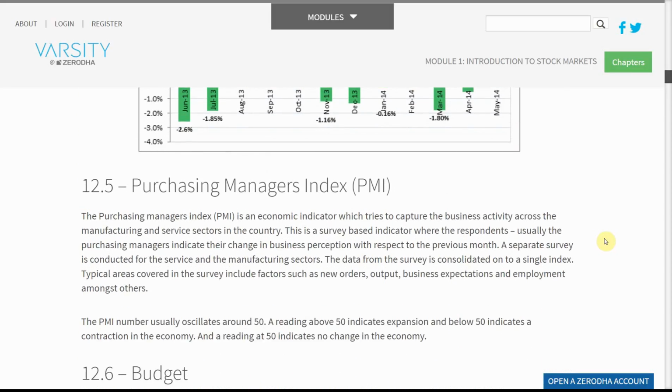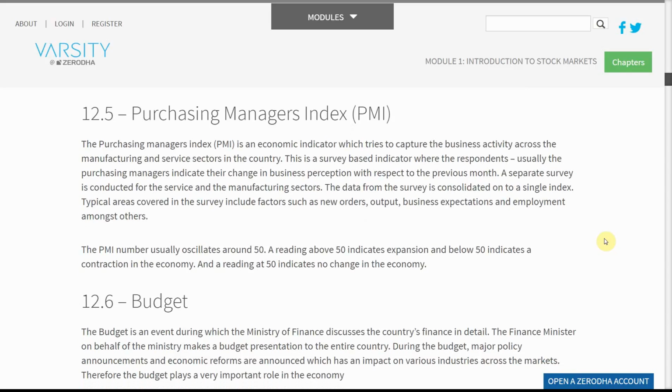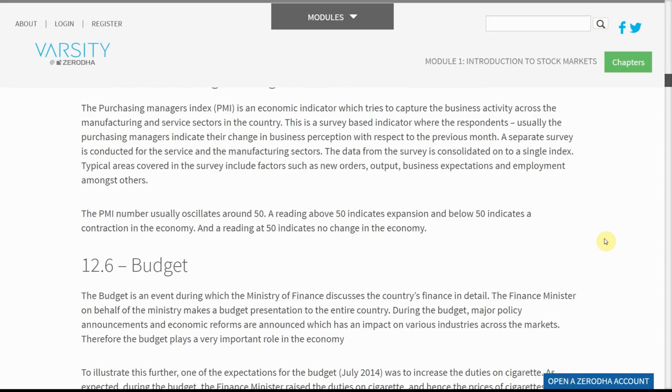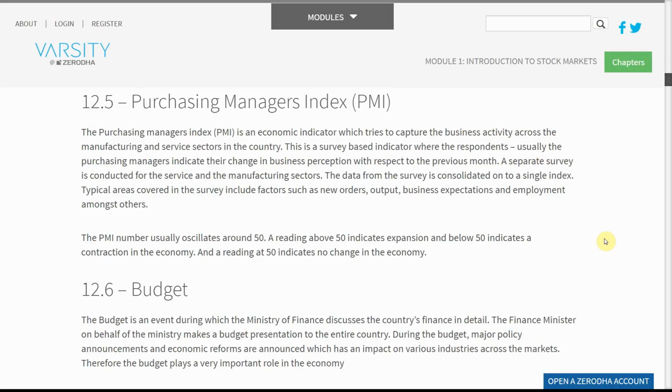12.5 Purchasing Managers Index (PMI). The Purchasing Managers Index (PMI) is an economic indicator which tries to capture the business activity across the manufacturing and service sectors in the country. This is a survey-based indicator where the respondents, usually the purchasing managers, indicate their change in business perception with respect to the previous month. A separate survey is conducted for the service and the manufacturing sectors.